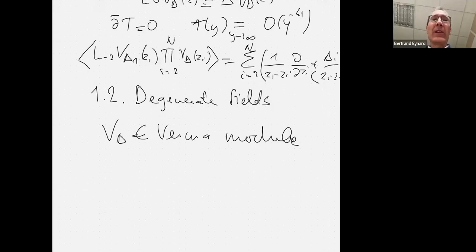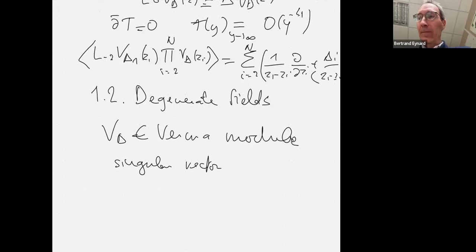But in special cases, it happens that you can set a descendant field to 0 without setting the whole representation to 0, and then that descendant is called a singular vector. And a singular vector generates a submodule of your original Verma module. So it can exist only if your Verma module is in fact reducible. Reducible meaning it has a non-trivial submodule.